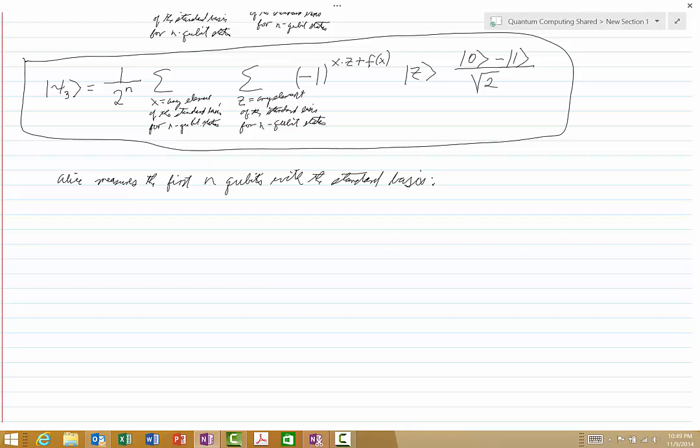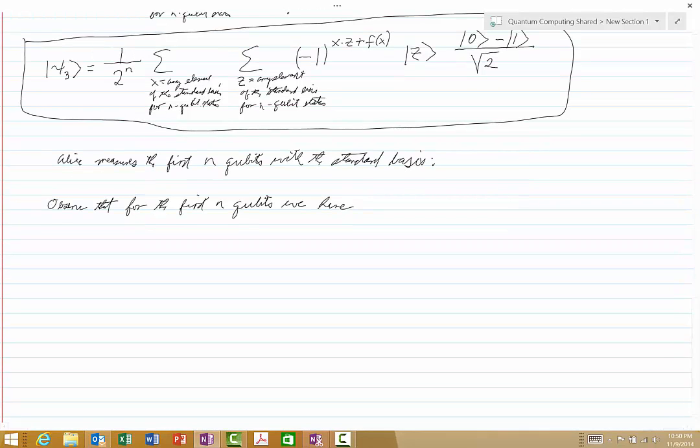Okay, observe that for the first n qubits, we have just the first part of this expression here. This is for the last qubit, the (|0⟩ − |1⟩) over square root of 2, and all the rest of this is for the first n qubits. So we have 1 over 2 to the n sum over x, and I'm not going to spell all that out again because I think we understand it.